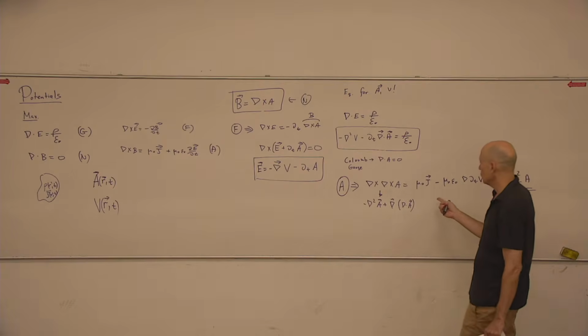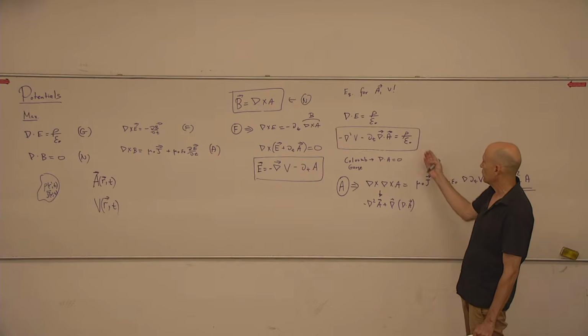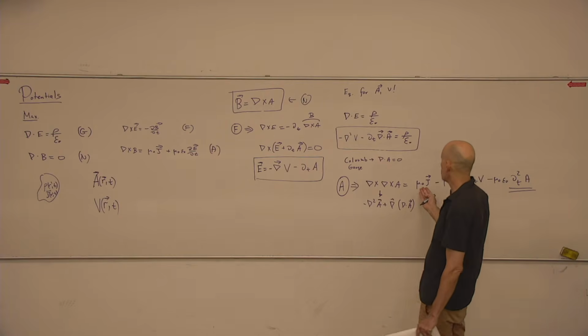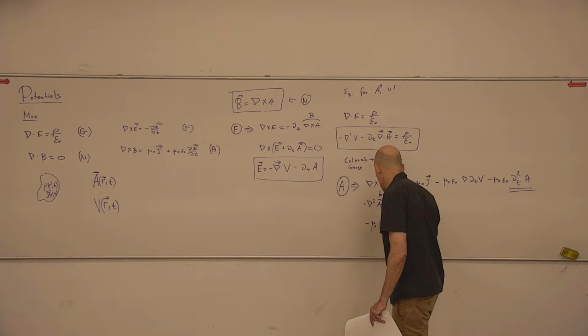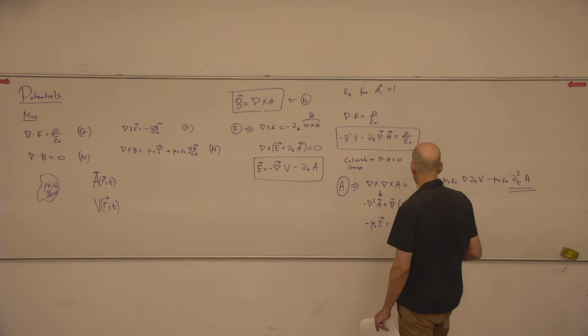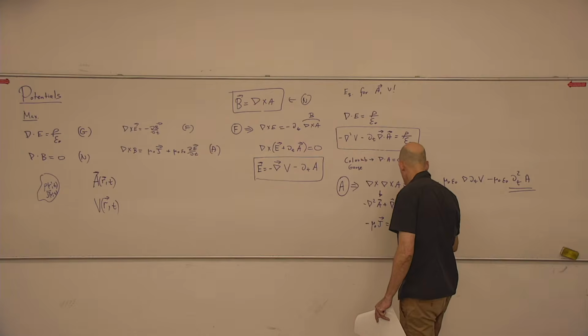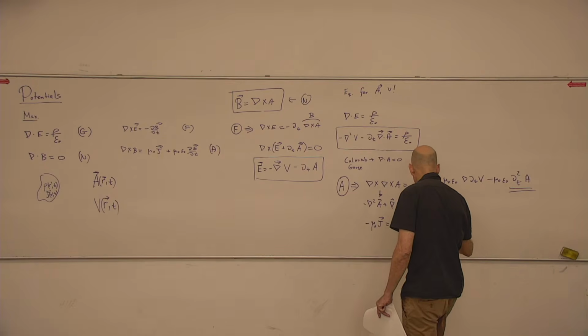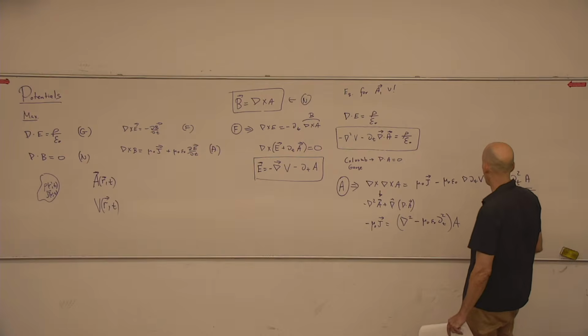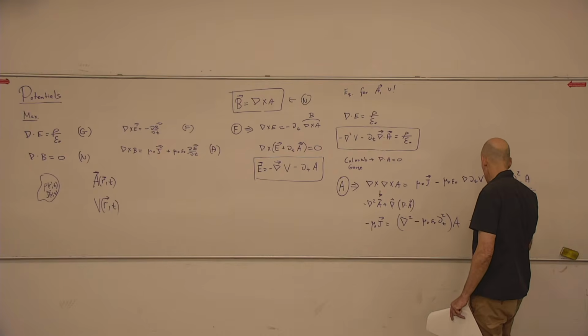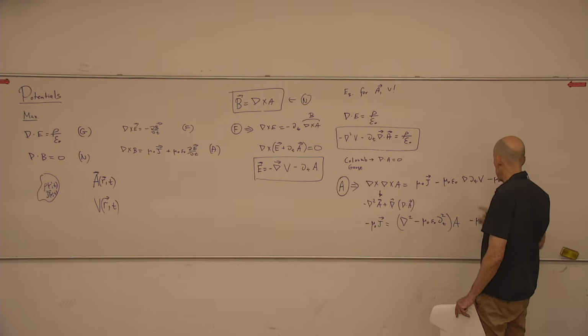So what I'm going to do is I'm going to tidy this. You see, like you have here, the sources on the other side of the equation. So I'm going to bring this to the other side of the equation with a minus μ0 J. This is equal to the Laplacian of A minus μ0 ε0 second derivative in time of A. So I treated this guy and this guy, and now I'm left with minus μ0 ε0 del d/dt V, all the junk, this one.